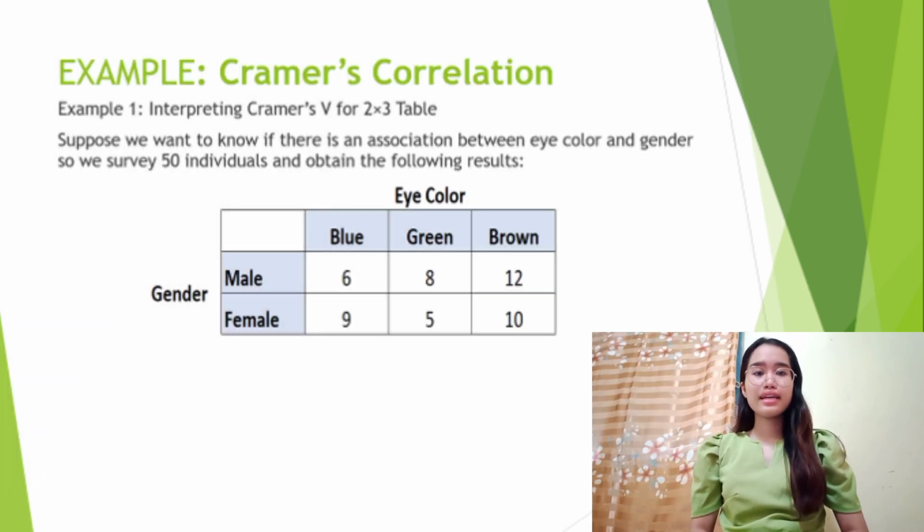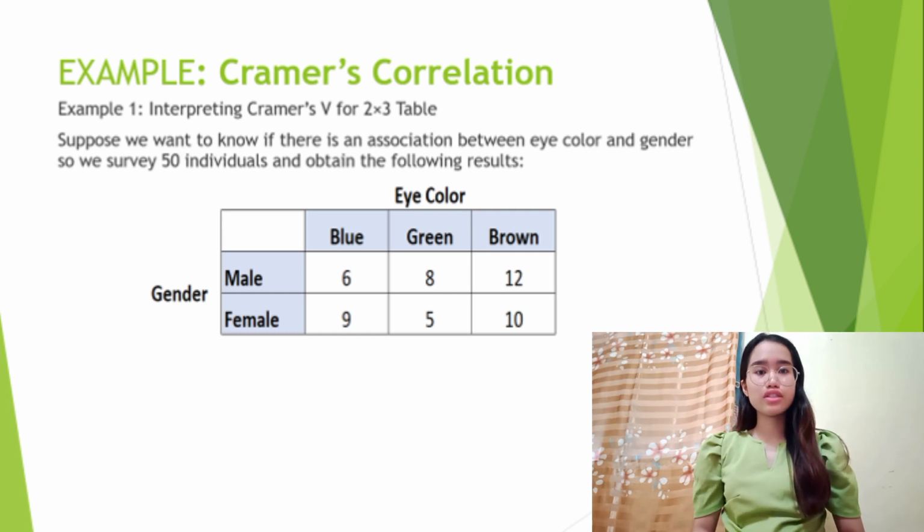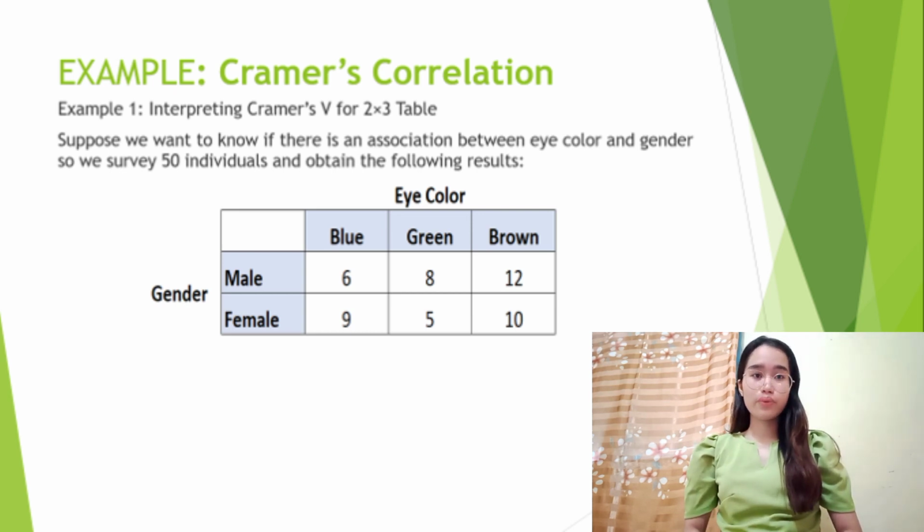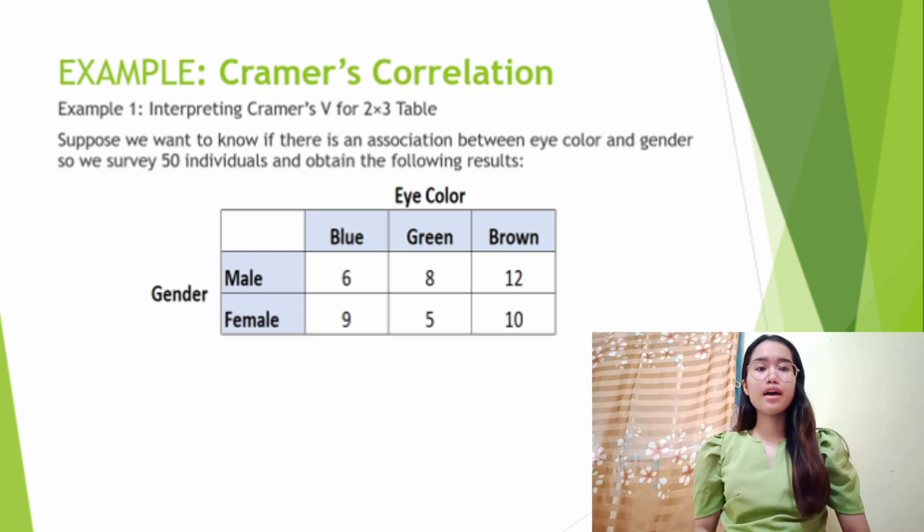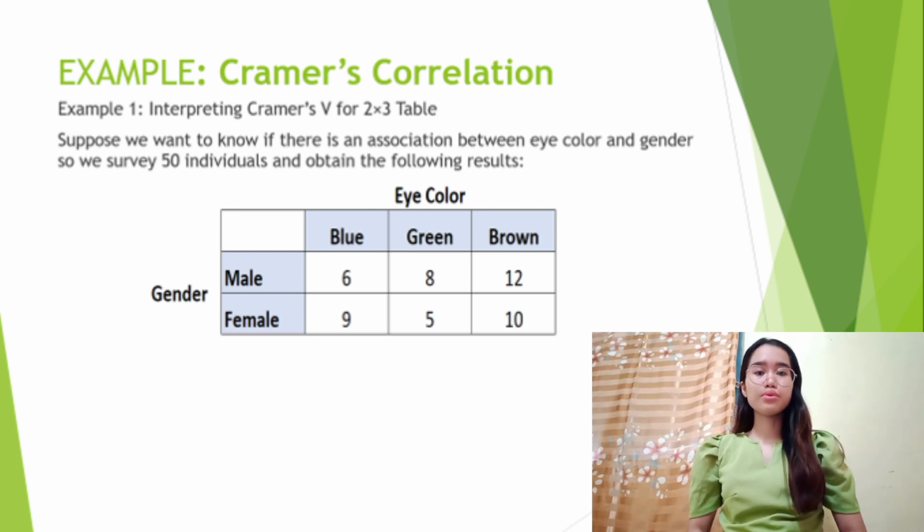Let us take an example of Cramer's correlation. Interpreting Cramer's V for a 2 by 3 table. Suppose you want to know if there is an association between eye color and gender, so we survey 50 individuals and obtain the following results. Eye color of the males: blue is 6, green is 8, and brown is 12.